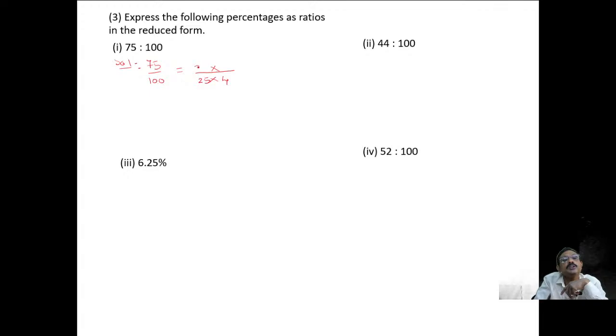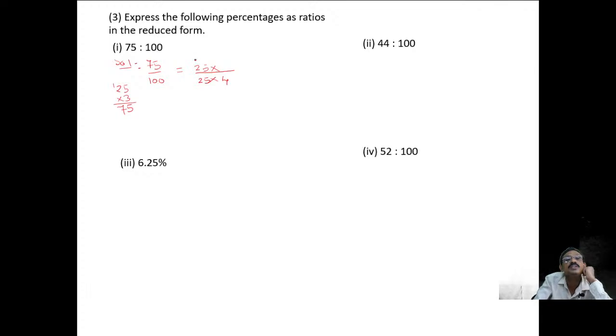So if I use 25 here, now 25 multiplied by which number will give me 75? Let us see. 25 fours is 100. So let me see a lower number. 25 into 3. 3 fives are 15, 3 twos are 6 and 1 is 7.